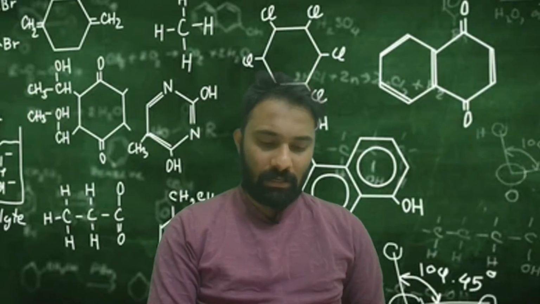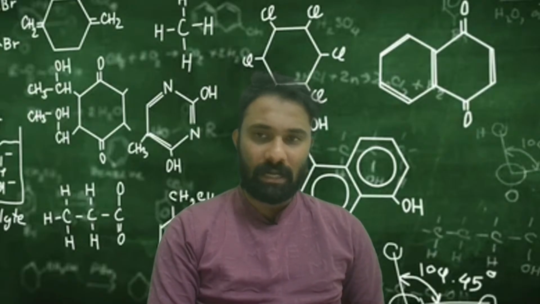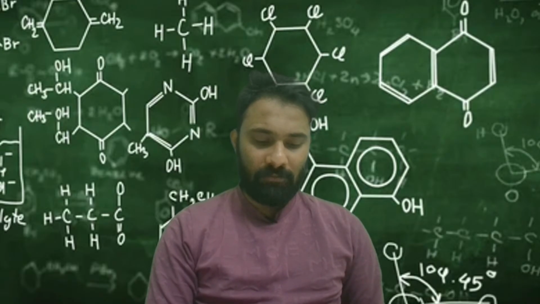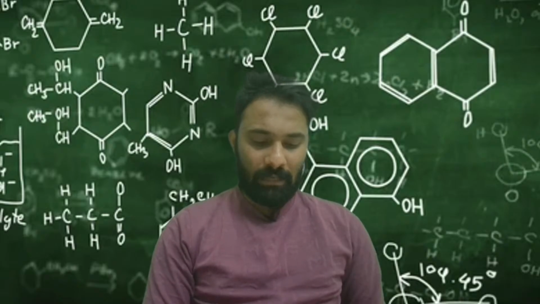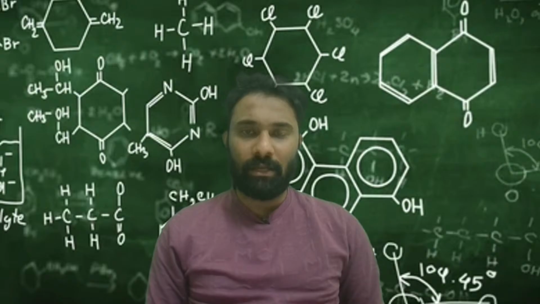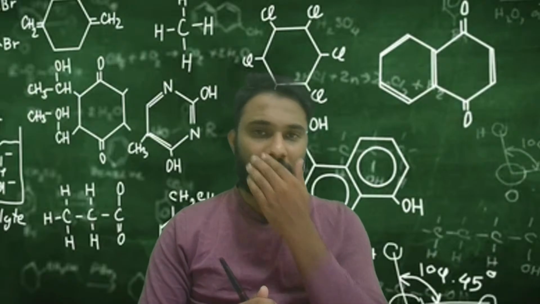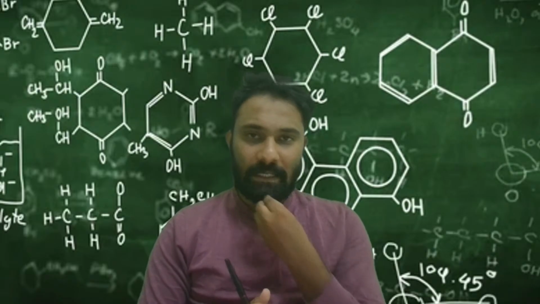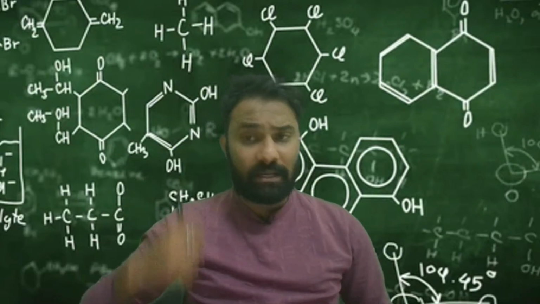Now the class which we are going to start today is very important, because this is the alkene, and whatever the alkene reactions and chemical properties we are going to see today are very important in our entire organic chemistry reactions.